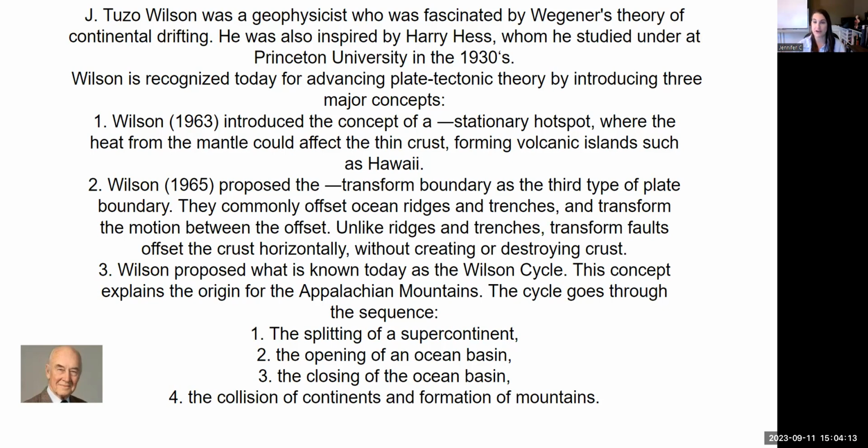He proposed something called the Wilson cycle, and that explains the origin of Appalachian mountains, for example, where you have a splitting of the supercontinent, of course Pangaea coming apart. The ocean basin on the bottom of the ocean is opening up, letting out the new land, the new rocks and magma. It closes up, and then we have a collision of those plates.